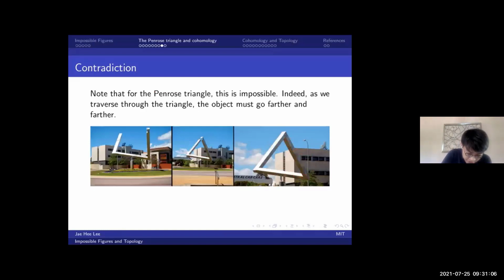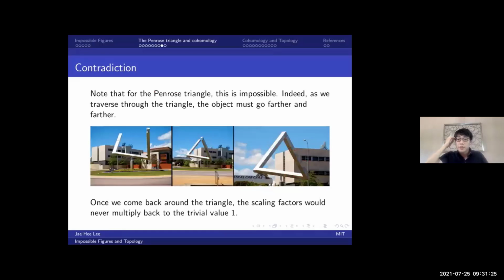So this point here has to be strictly farther than this point if you're looking at it from this direction. Okay, so that's a contradiction. For the Penrose triangle, you cannot have the cyclic product of these scaling factors be trivial, equal to 1. And that's why the Penrose triangle cannot exist as an honest three-dimensional object.